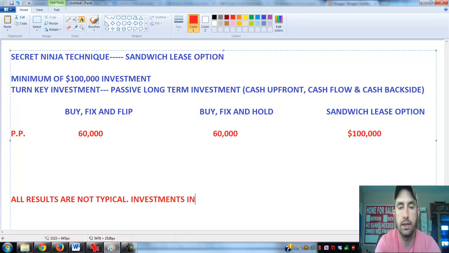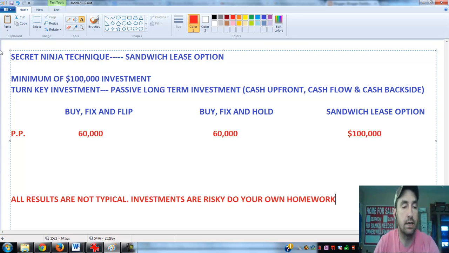Investments are inherently risky. Do your own homework. What we are going to be doing today is giving you a comparison of how to spend $100,000 the best way possible.